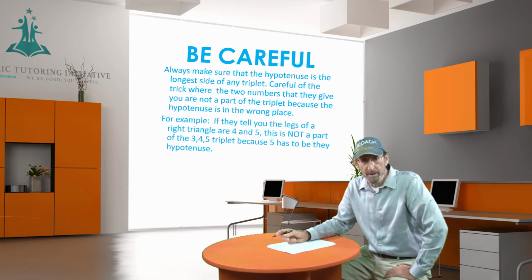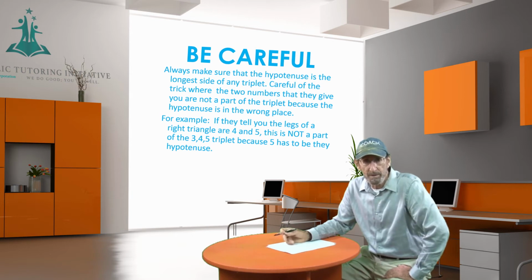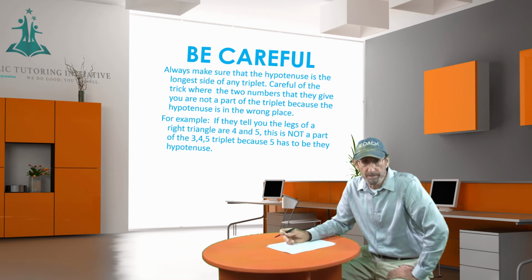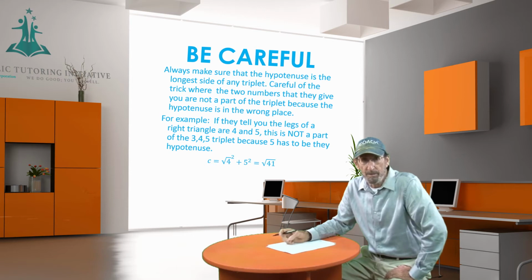For example, they might tell you the legs of a right triangle are 4 and 5. This is not part of the 3, 4, 5 triplet because 5 has to be the hypotenuse. Actually, the hypotenuse of this triangle is the square root of 41.